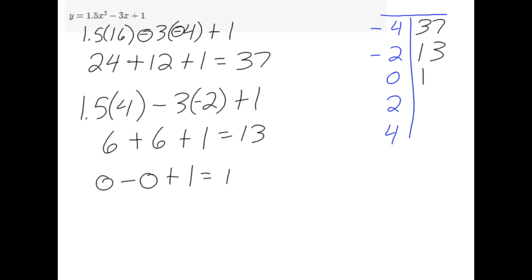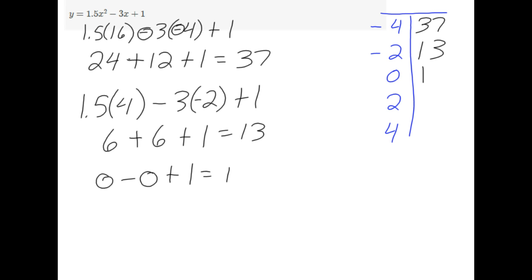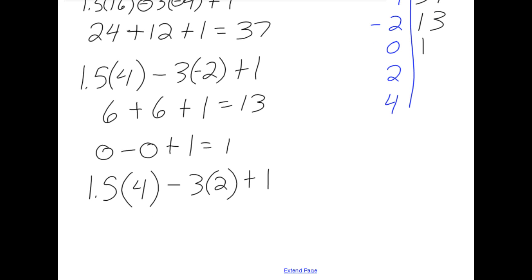Let's see if I can fit one more on here. Let's do 2. So 1.5 times 2 squared is 4. Minus 3 times 2 plus 1. 1.5 times 4 again is 6.